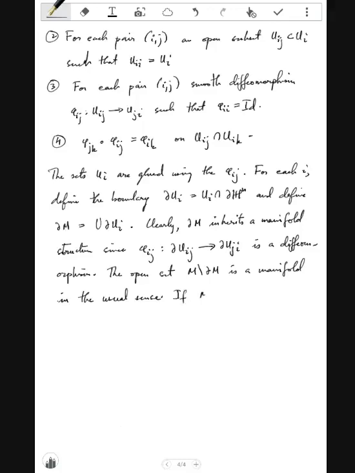If M minus the boundary of M is an oriented manifold, is an orientable manifold, then we claim that boundary of M is also orientable.